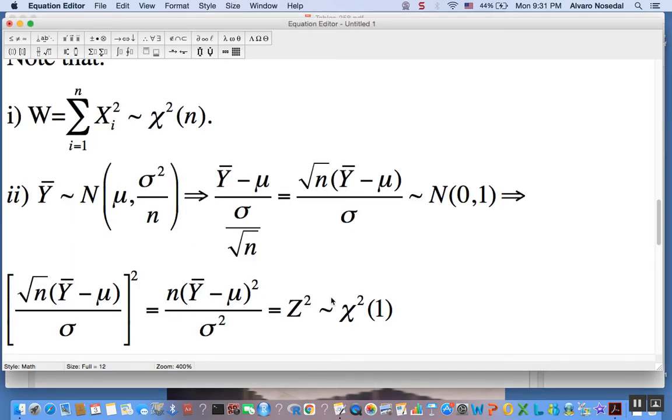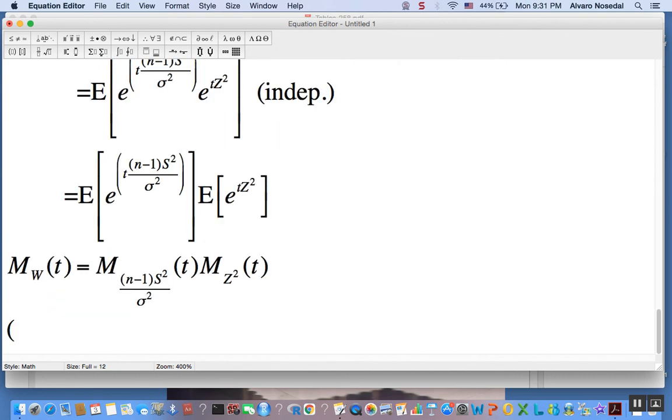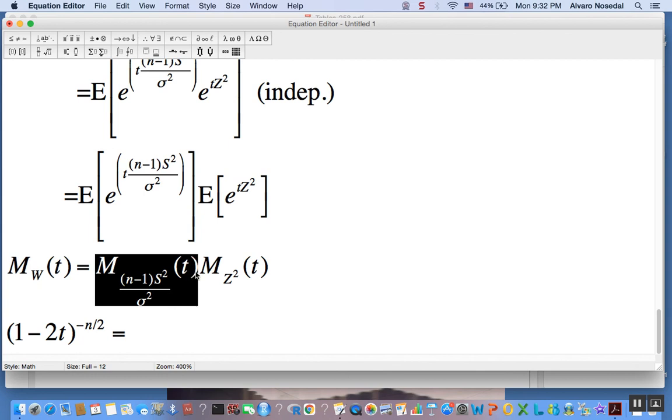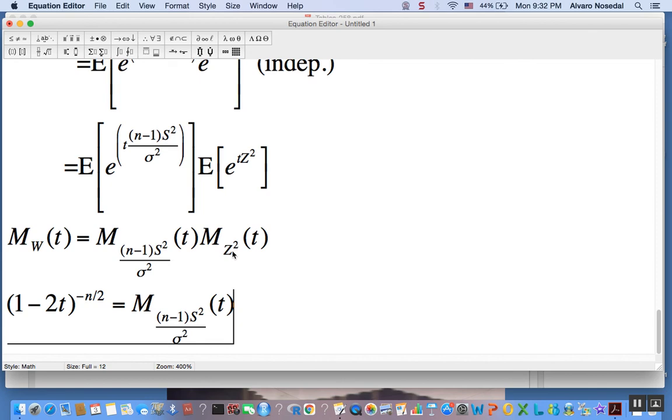Okay, so on the left hand side we have 1 minus 2 times t to the power minus n divided by 2. Then here we just have this guy, and the other one, the MGF of z squared of a normal 0, 1.